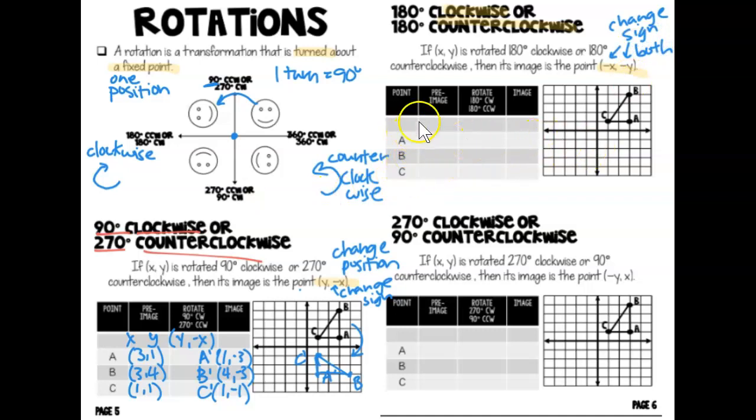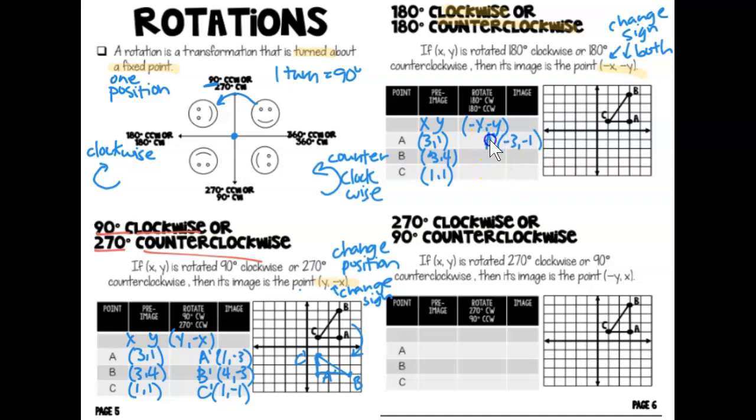I am using the same starting points again, (3, 1), (3, 4), and (1, 1). Opposite of x, opposite of y. So, opposite of x, negative 3, opposite of y, negative 1.